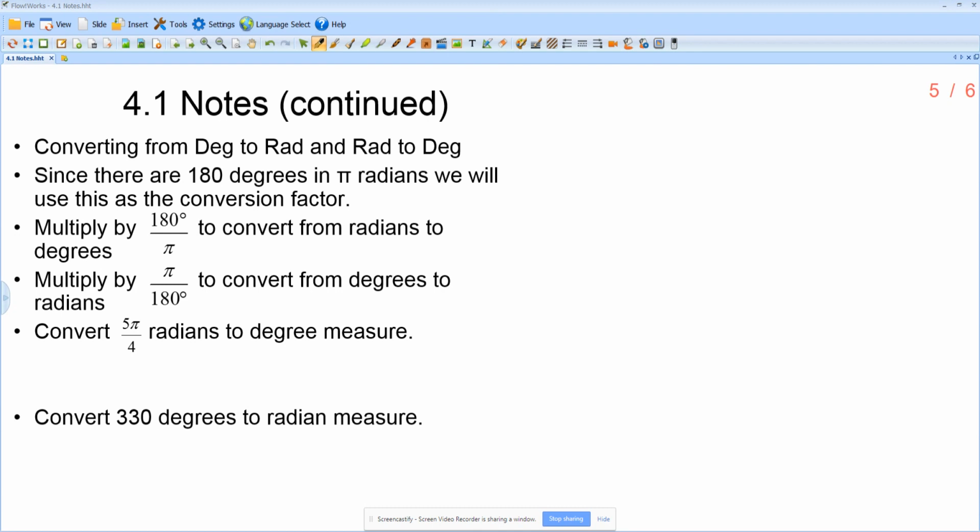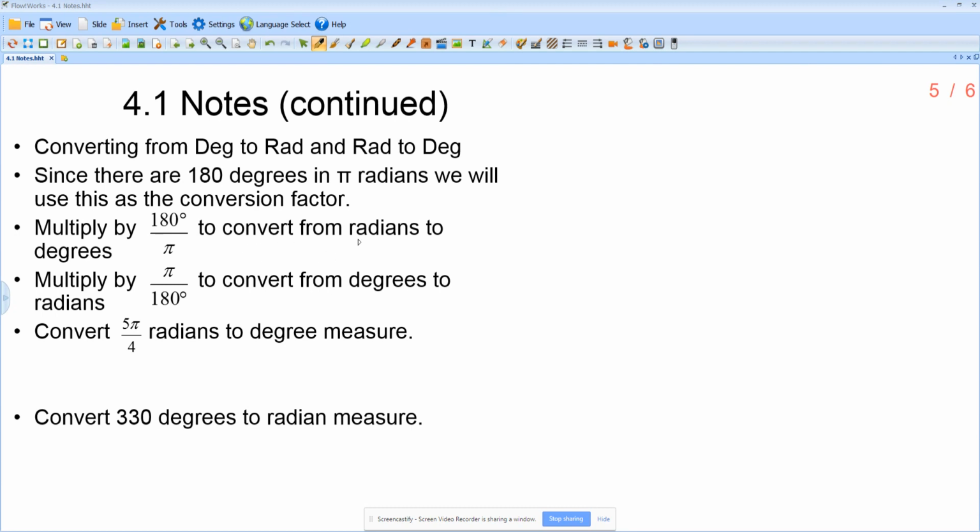So then we want to talk about how do we convert degrees from radians and from radians to degrees for those problems that aren't sort of easy, like pi halves we know is 90. So since there are 180 degrees in pi radians, we're going to be able to use this as a conversion factor.